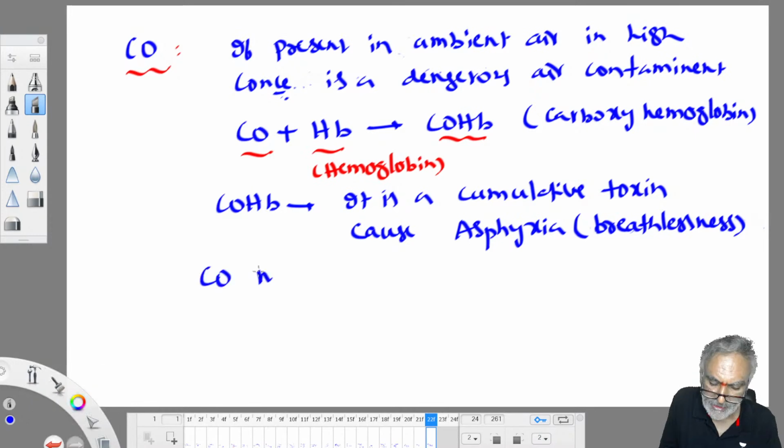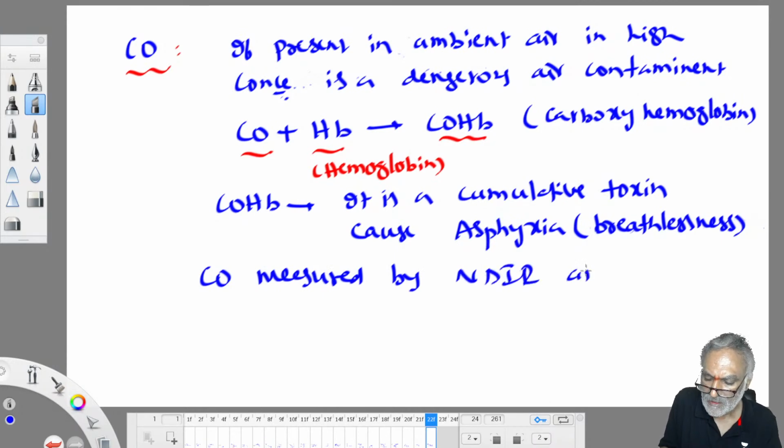So carbon monoxide is measured by NDIR analyzer. NDIR stands for non-dispersive infrared analyzer. So one question let us solve related to this.